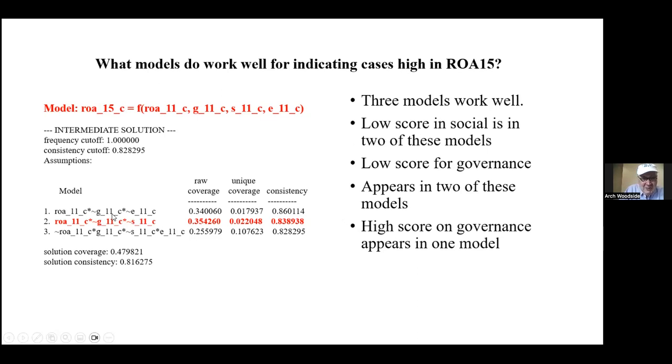Low S appears in 2 of the models, which is interesting. So basically, Friedman's idea that this is what firms should do works on an actual data set: you don't seek out to do well on corporate social performance if you want to do well on corporate financial performance.